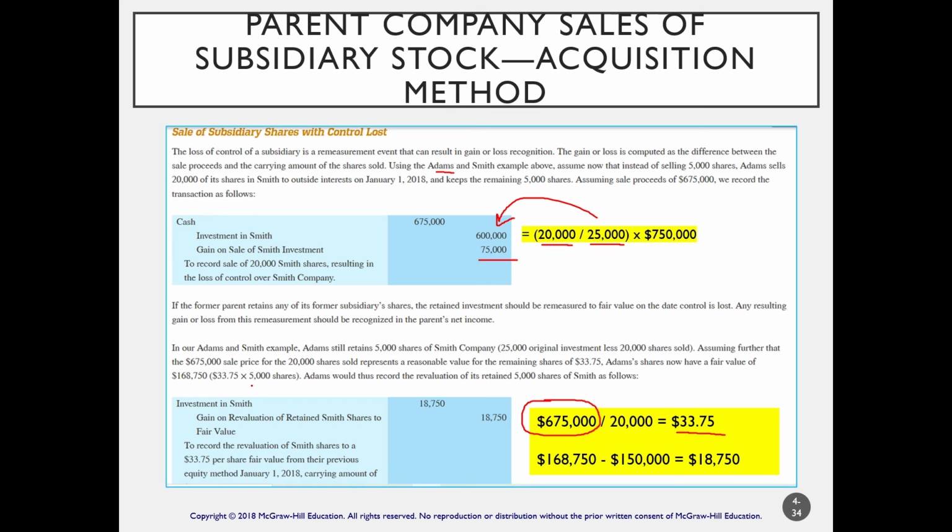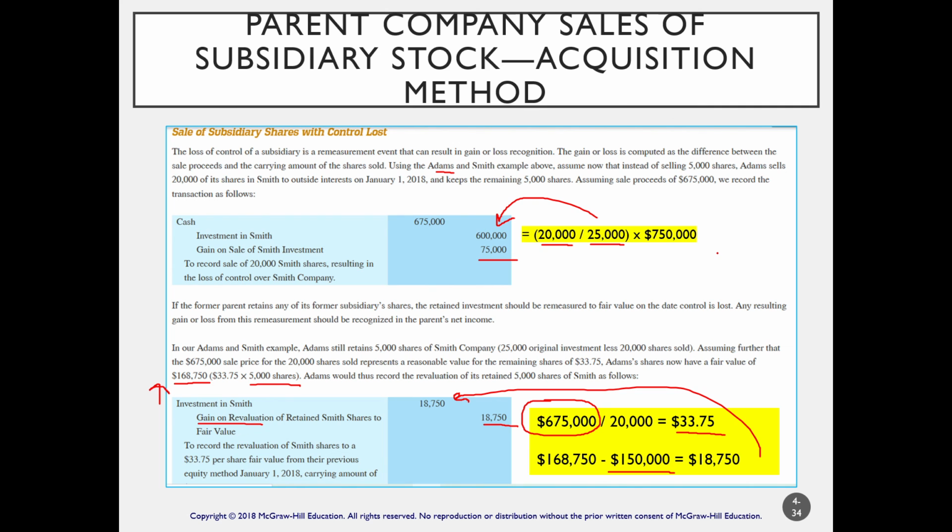And we still own 5,000 shares, so that means that the value of our investment should be 168,750, but it is 150,000 in Adam's books, and that means that we need to increase this investment by the 18,750. So we see here, we debit the investment, in that case, we increase it, and we're recognizing a gain on revaluation of this investment of 18,750.